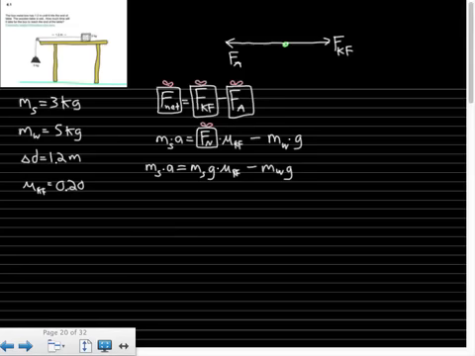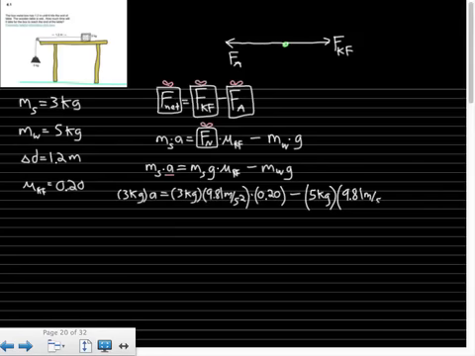Look at this. Everything is known except for acceleration. It's pretty cool. So the mass of the system, 3 kilograms, times an unknown acceleration equals 3 kilograms times 9.81 meters per second squared times the coefficient of friction, 0.20, minus the mass of the weight, 5 kilograms, times positive 9.81 meters per second squared.